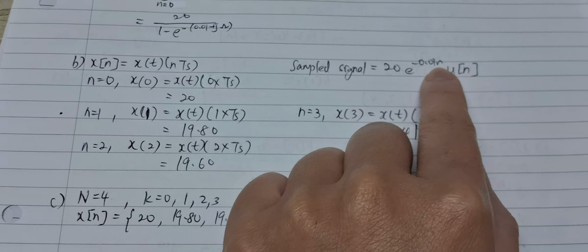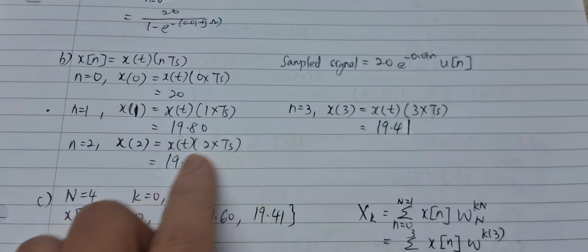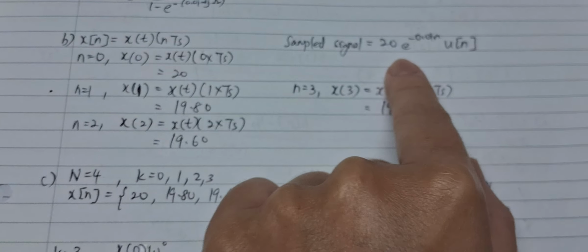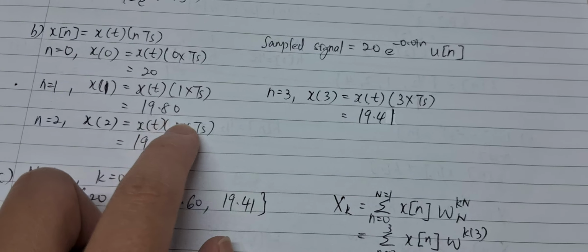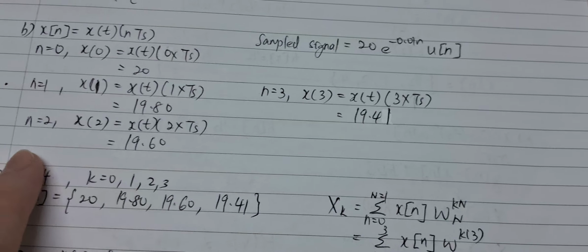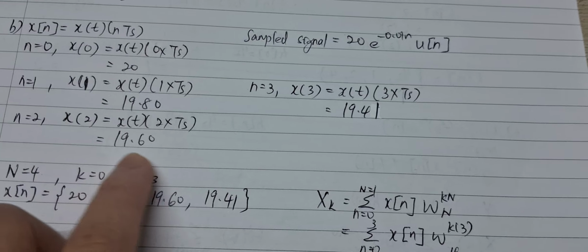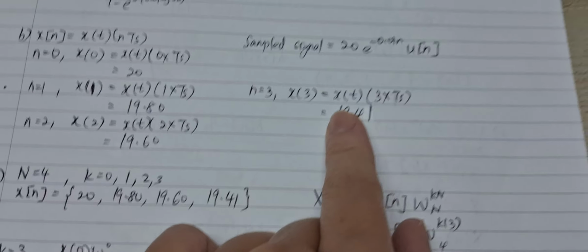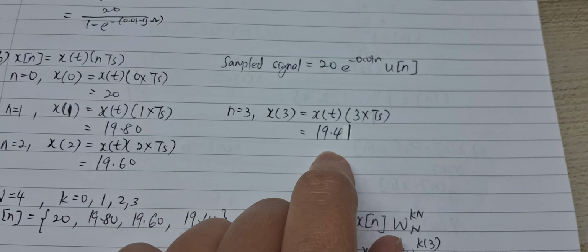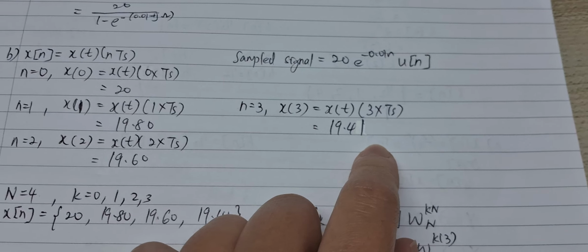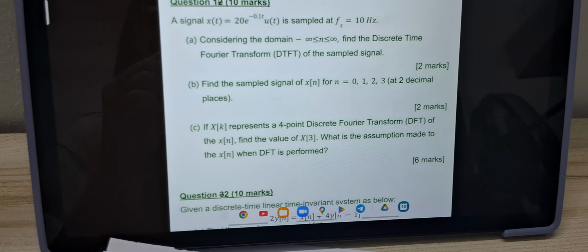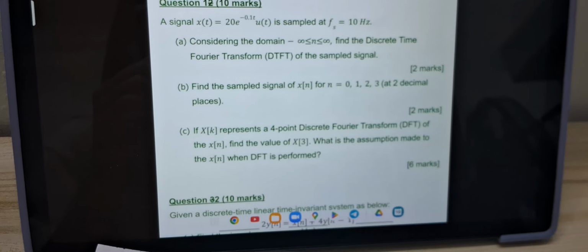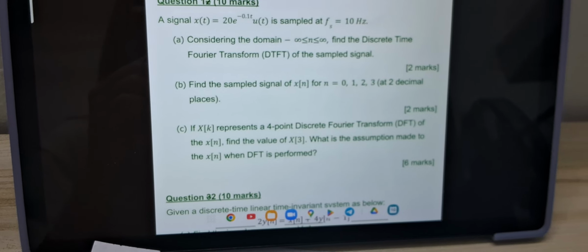After that n equal to 1, so we get 19.80, and n equal to 2, we get 19.60, and n equal to 3, we find out 19.41.